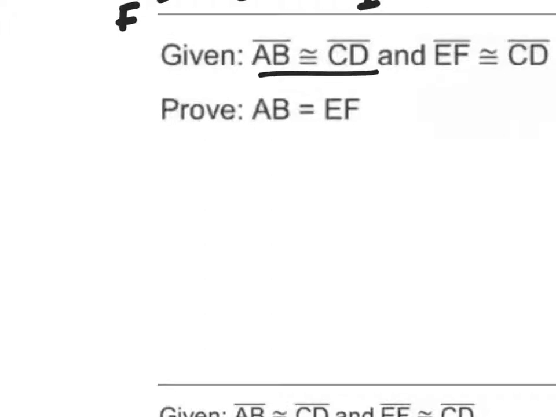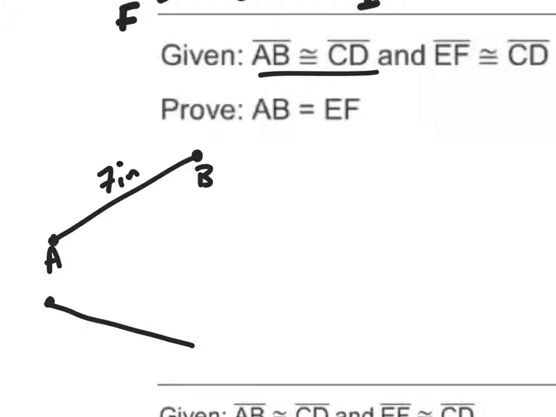All right, so let's draw a picture. AB is congruent to CD. I'm going to draw that. I'm going to say AB, and let's say that AB is 7 inches. Now, let's draw another segment, CD. So if AB is congruent to CD and AB is 7 inches, what does CD have to be? 7 inches.